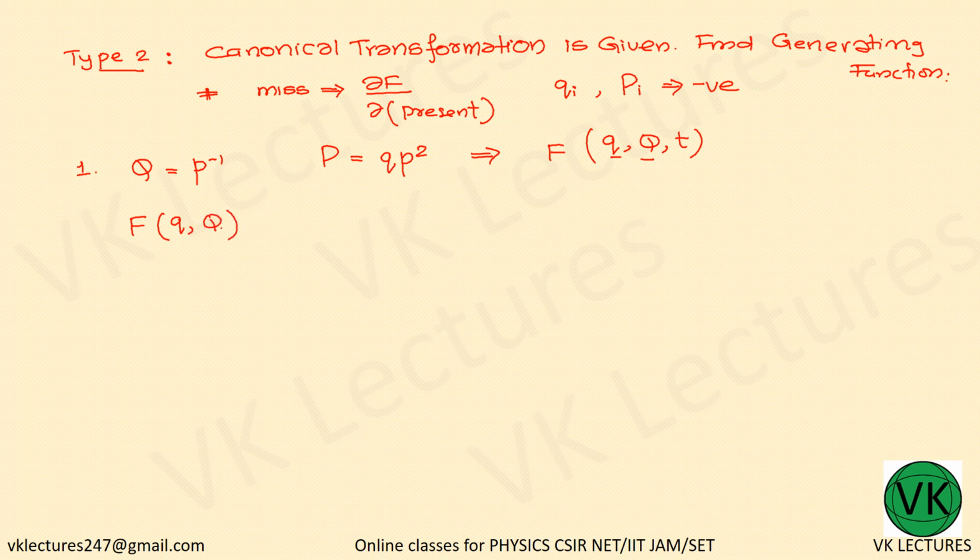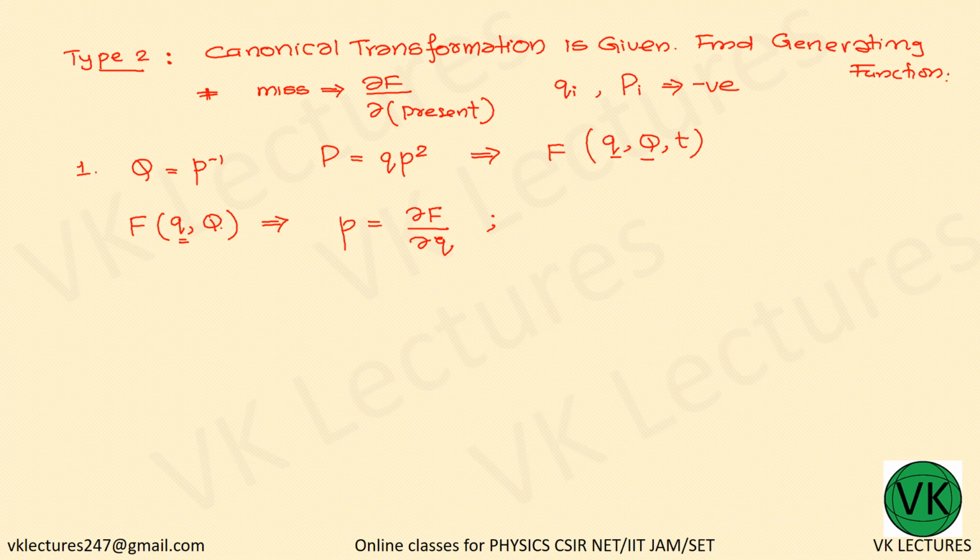Now for that, whichever variable is missing, that is equal to dou f by dou of the present one. So small p is missing, that is equal to dou f by dou q, and this is positive.